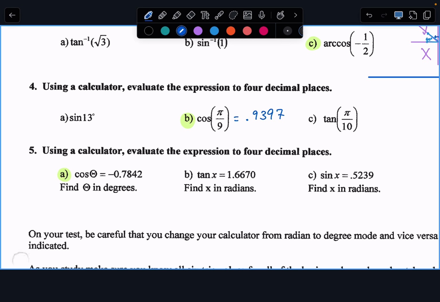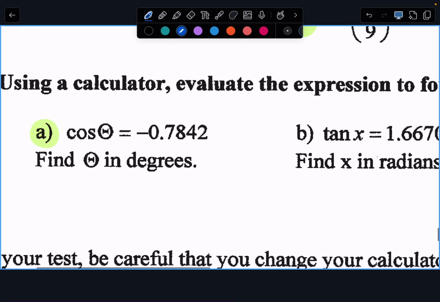Anytime you're looking for the angle, you're going to use your second sine, second cosine, second tangent button, okay? That's when we have to get theta by itself. So mathematically, it would look like you're trying to get theta by itself, so you're multiplying by the inverse on both sides. So this is what you are typing into your calculator, but you're going to type in the right thing.